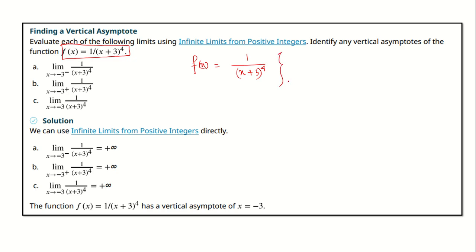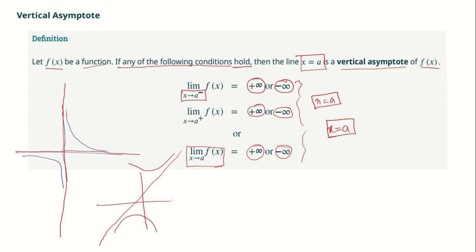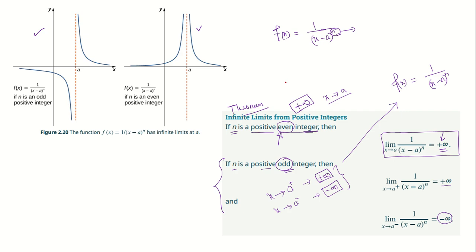If we apply the theorem which we have discussed here, the limit as x approaches a of 1 over (x minus a) to the power n equals positive infinity while n is a positive even integer.